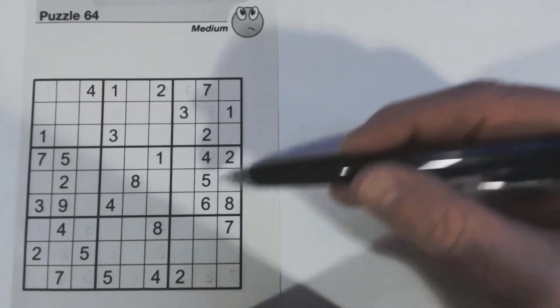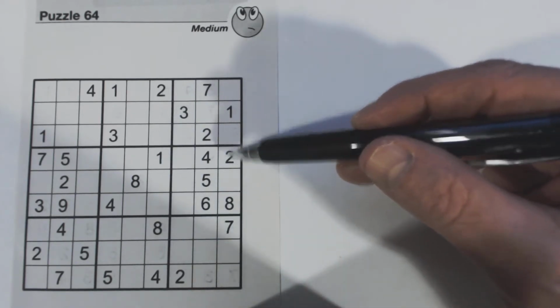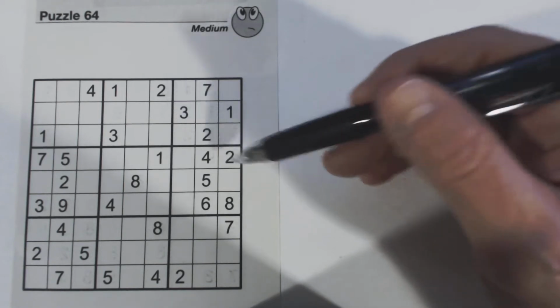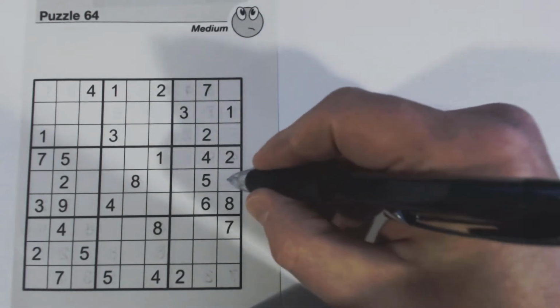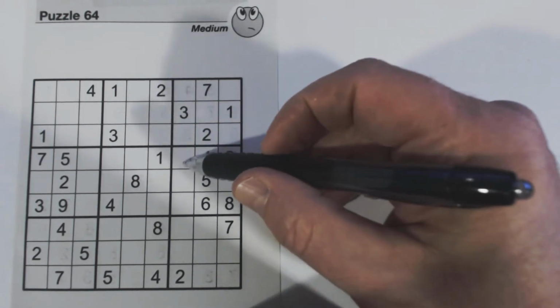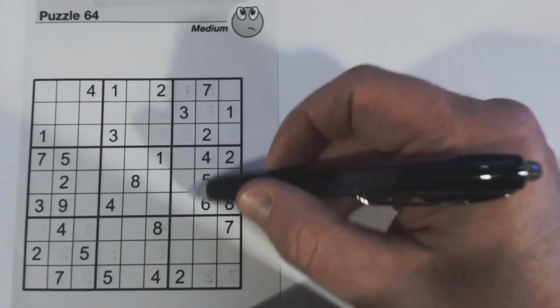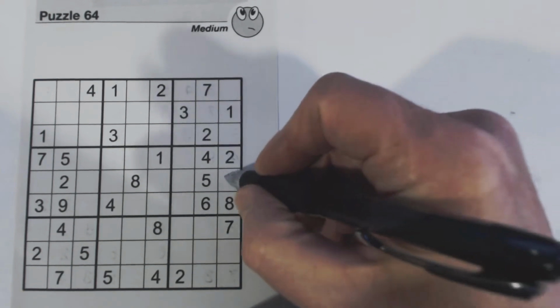We've got a 2 here, but we've already got a 2. We've got a 3 here, and there's no 3 in here, so that 3 will fit in there. You can also see that these are the only other empty cells in this square, so that 3 has to fit there.